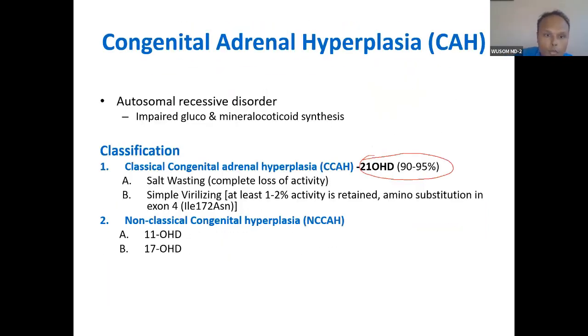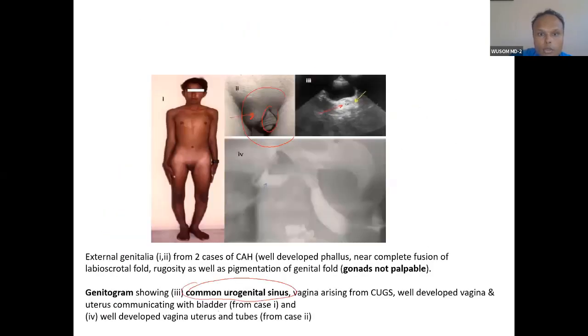Now we can see this classical congenital adrenal hyperplasia. It is of two types: one is salt wasting, the other is the virilizing form.